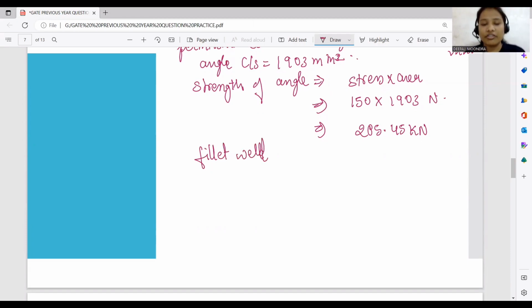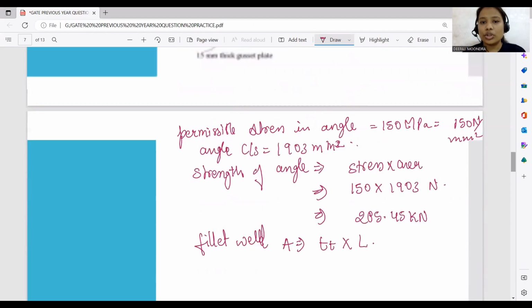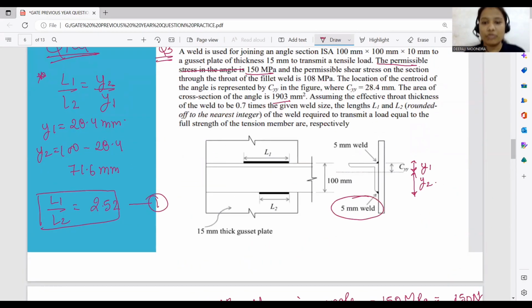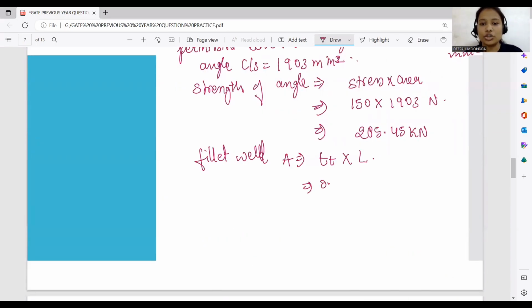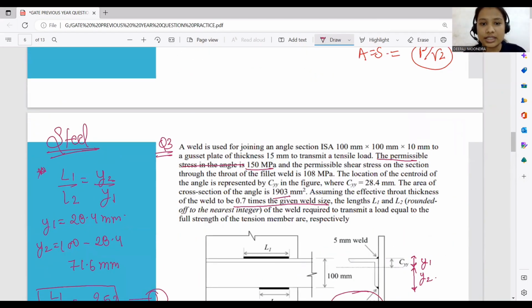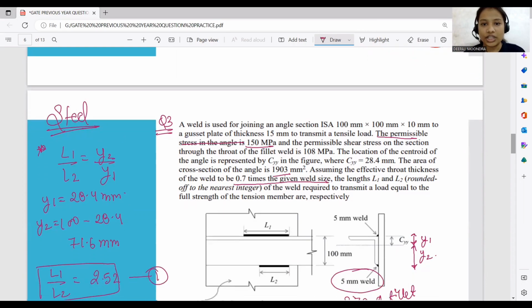Another point over here is for the fillet weld: what is the effective area, that is, how will we find the total area? Throat thickness into total length. The size of the fillet we have been provided is 5 mm, and the throat thickness is 0.7 times the weld size. So it will be nothing but 0.7 into 5 into L1 plus L2. The permissible stress provided on the section of the throat is 108.